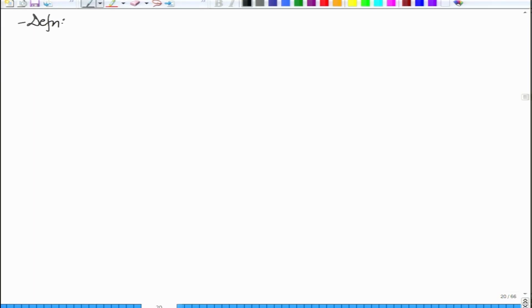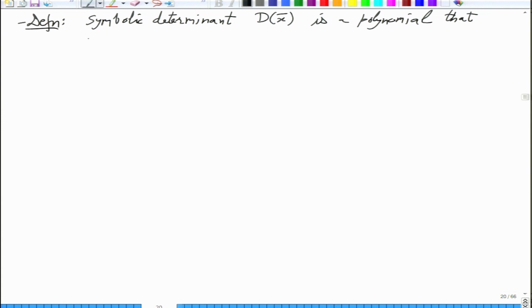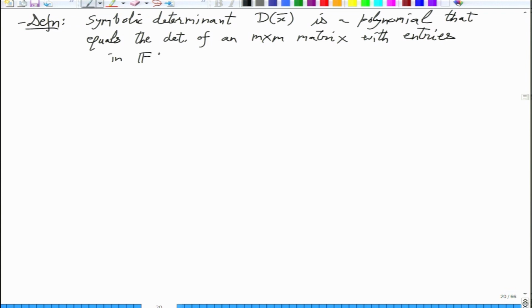So let us define the symbolic determinant. A symbolic determinant d on some variables is a polynomial that equals the determinant of an M cross M matrix with entries that are either field constants or variables.